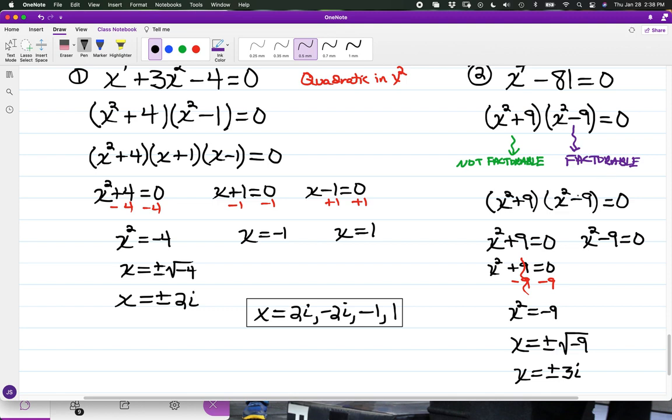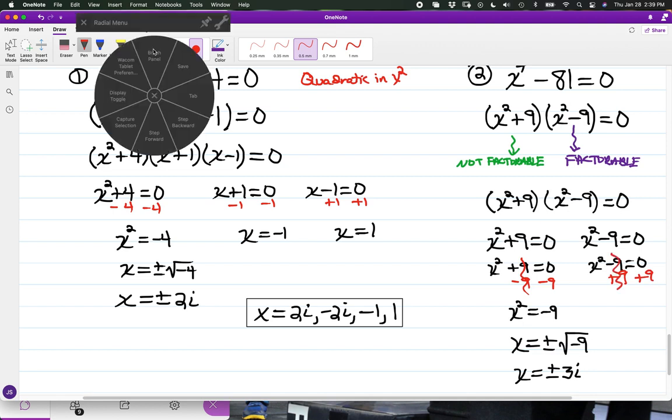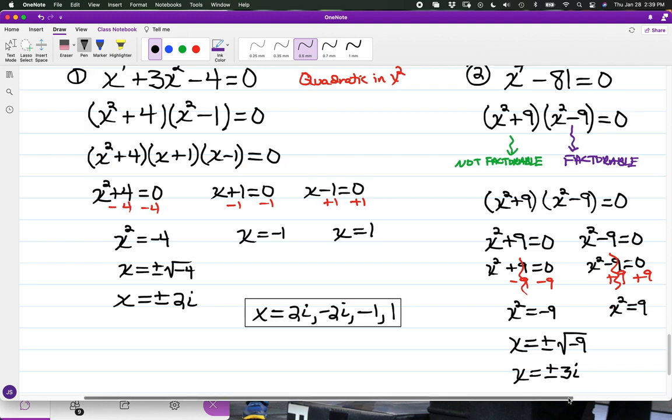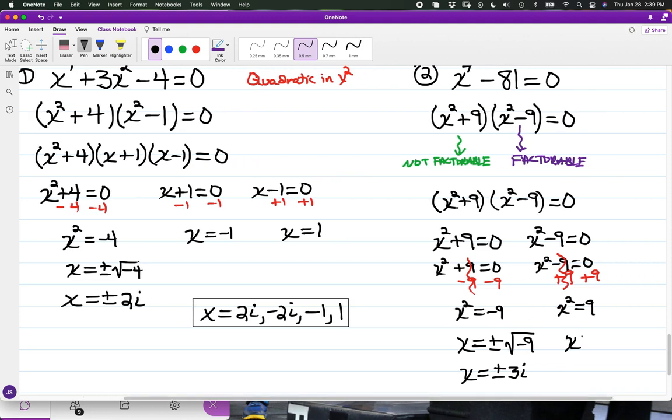And instead of factoring, if I just went ahead and set x squared minus 9 equal to 0, I can isolate the x squared term upon adding 9 to both sides. So we're going to have x squared is equal to 9, so x equal to plus or minus the square root of 9.